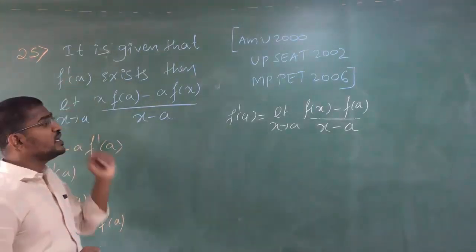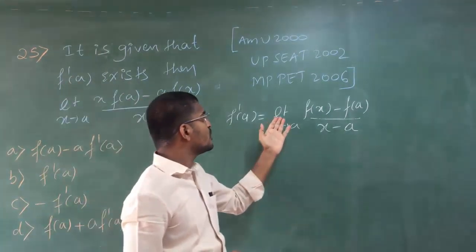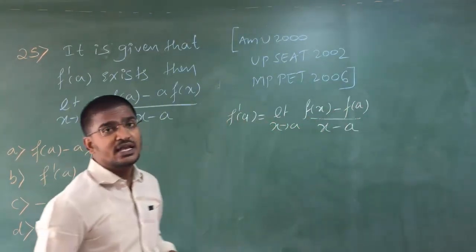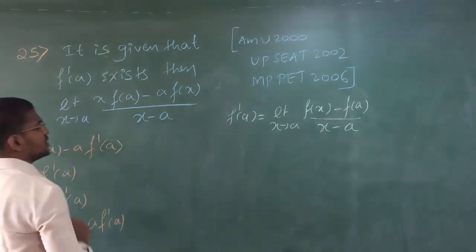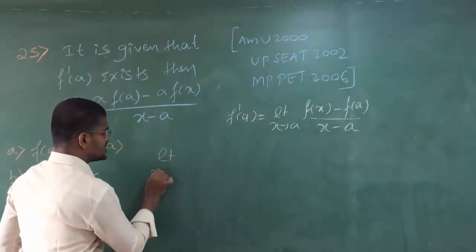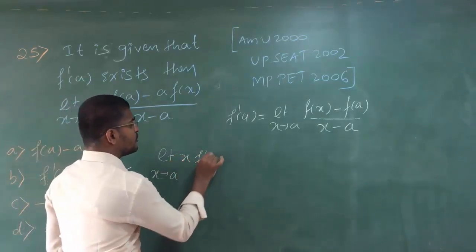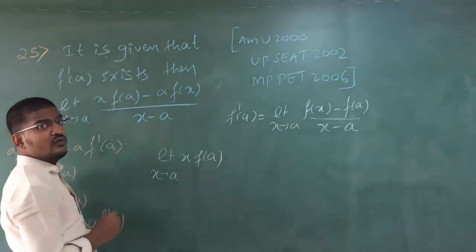So if f dash of a is given, it means f dash of a is equal to what? Limit x tending to a, f of x minus f of a divided by x minus a. So now let us solve this. That is limit x tending to a, for this x f of a, what I will do?